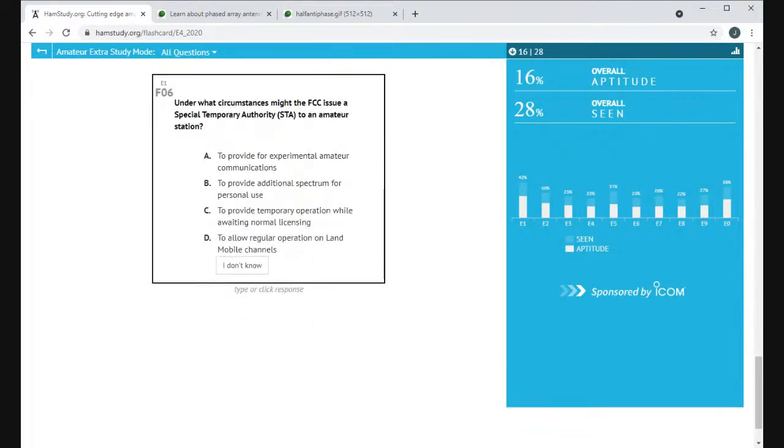Under which circumstance might the FCC issue a special temporary authorization to an amateur station? A. To provide for experimental amateur communication. B. To provide additional spectrum for personal use. C. To provide temporary operation while awaiting normal licensing. D. To allow regular operation on land mobile channels.